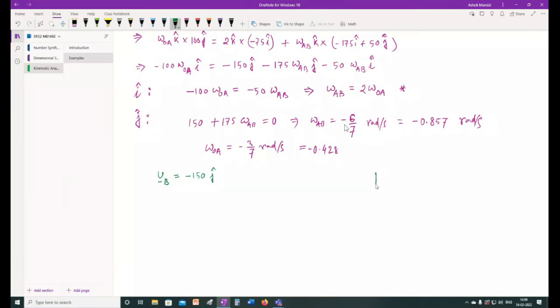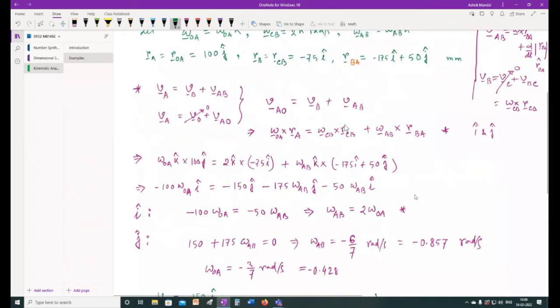You will choose some scale and draw this vector, which you call 150 millimeter per second. I'm not writing the units. 150 millimeter per second.